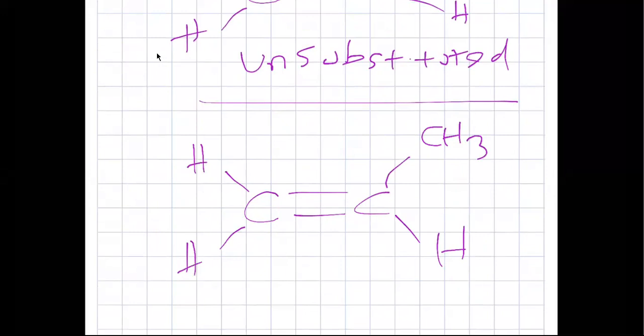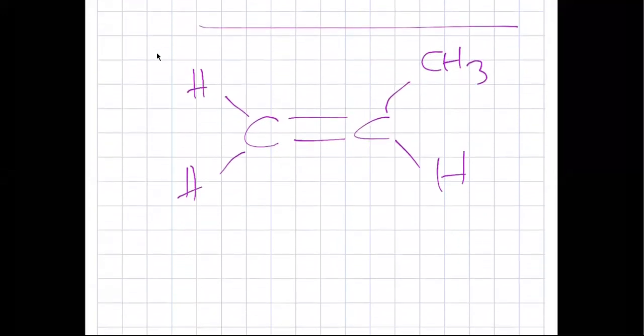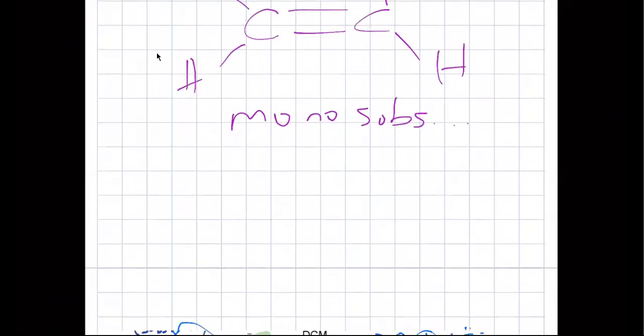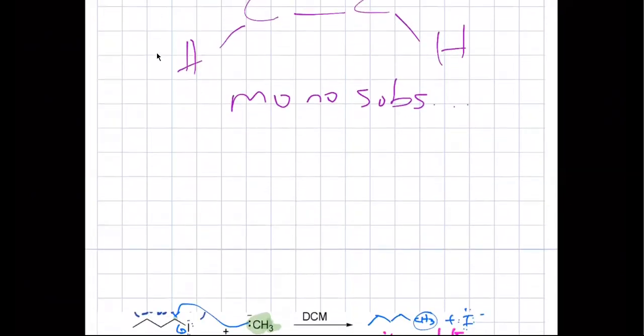Right? This type of alkene right here with one carbon bonded to it is what we call monosubstituted. You can probably see where this is going, right? I put two carbons on. Let me add another page too.